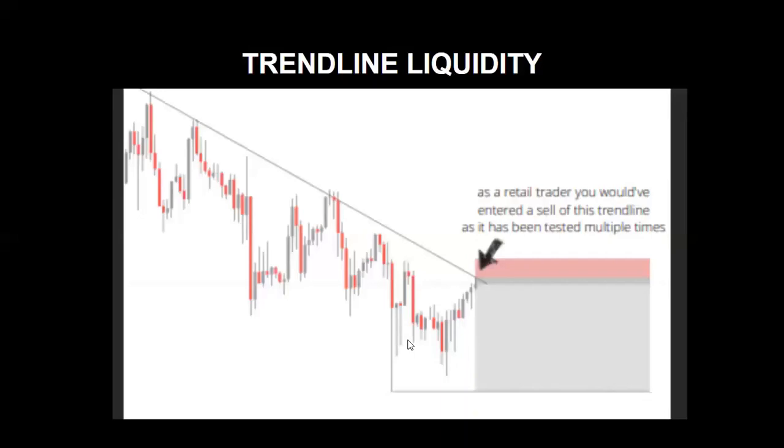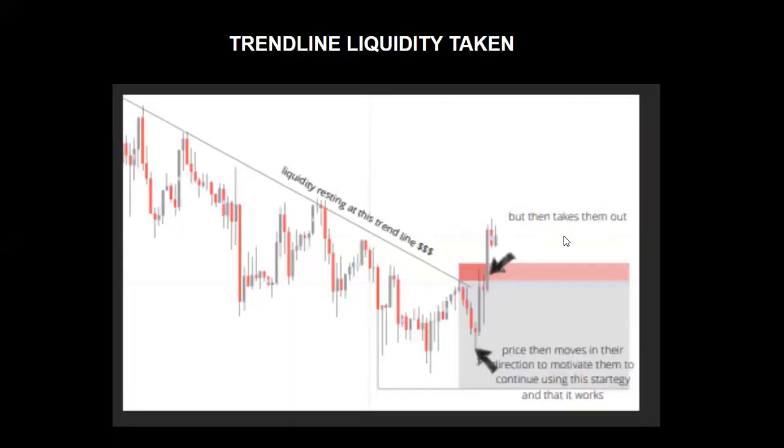So what happened here, you can see, as a retail trader, we want to trade this trend line, because price has been rejecting and coming down, so we want to sell. As a retail trader, you would enter a sell at this trend line as it has been tested multiple times. So what happened? Let's check.